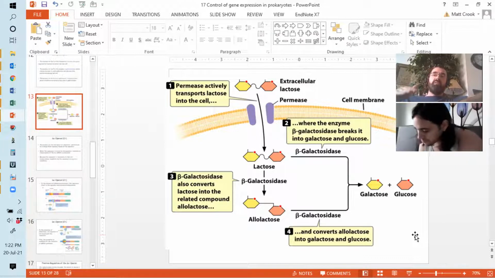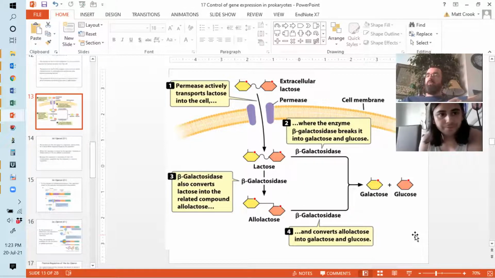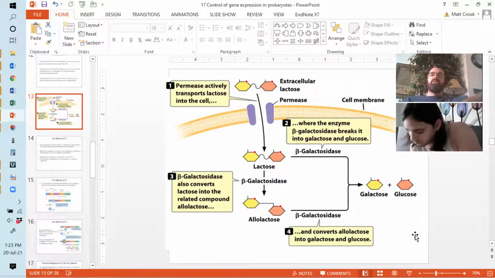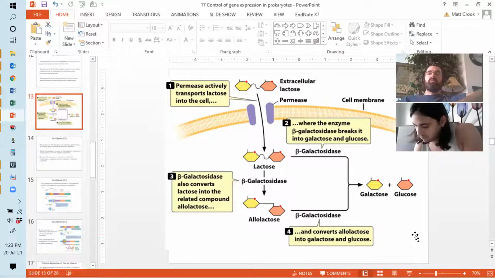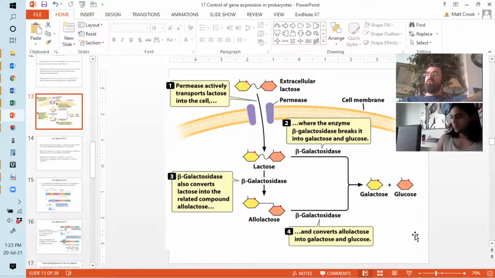So when glucose levels start rising, that's telling the bacterium that, hang on, we're doing our job of converting lactose. Maybe we don't need quite as much lac-operon expression. So glucose is part of the fine sensing deal, the fine tuning of the lac-operon.